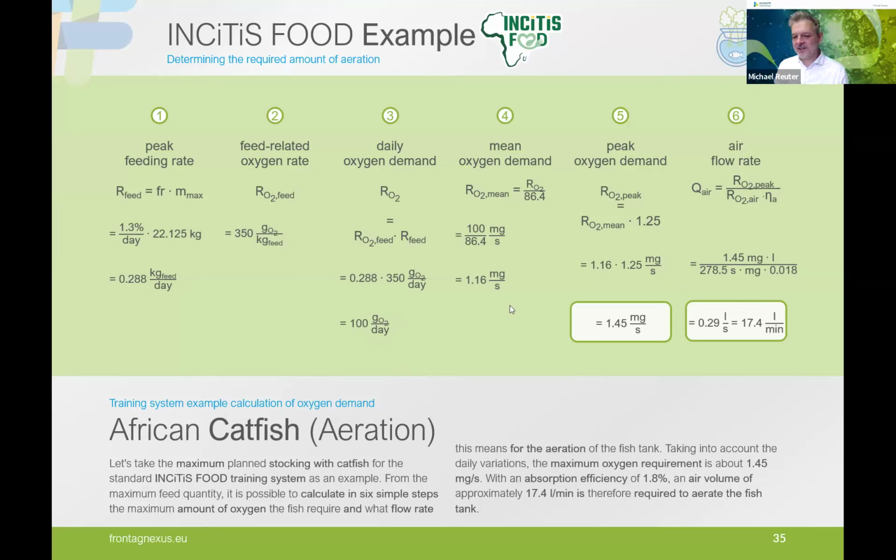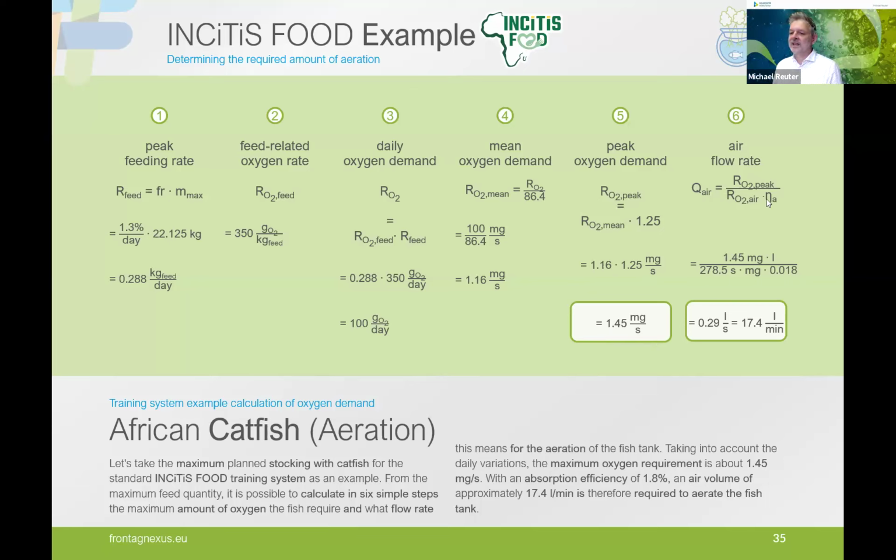If we transform that again into a mean oxygen demand by dividing by 86.4, we get 1.16 milligrams per second. If we take into account the peak oxygen demand, that is about 1.25 times higher than the mean, we will need 1.45 milligrams per second transferred to the water.